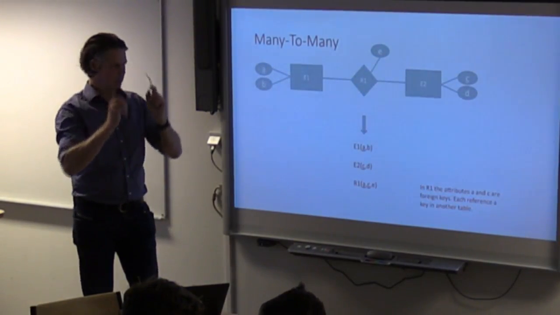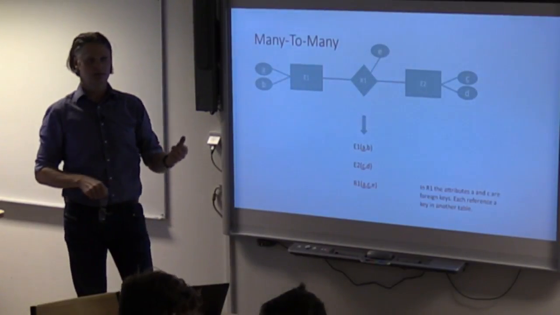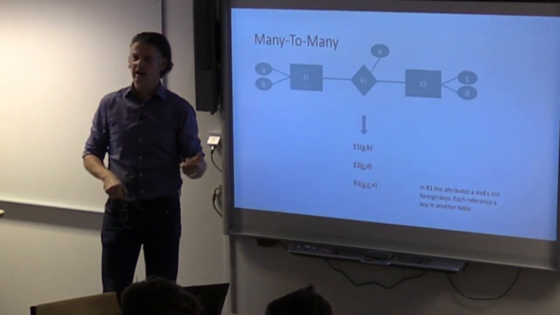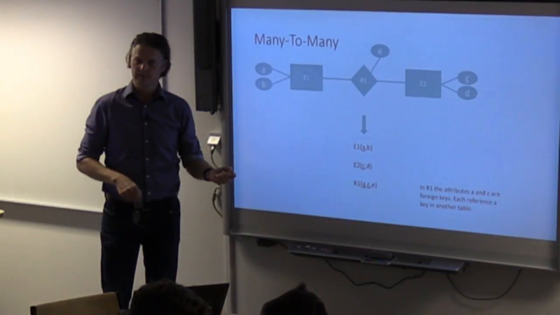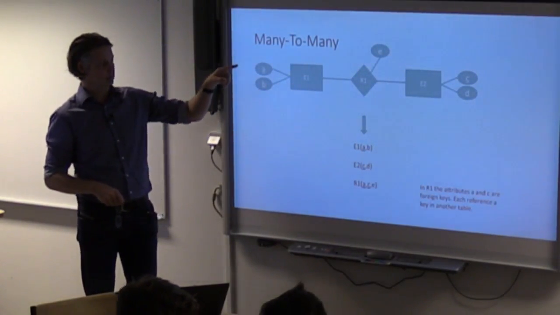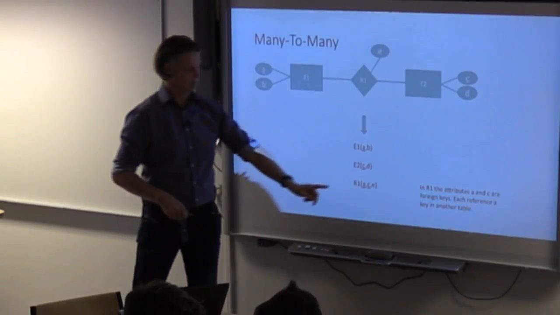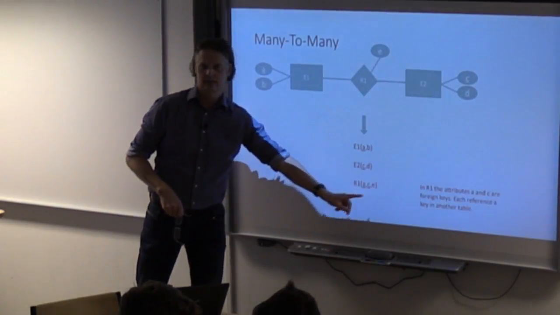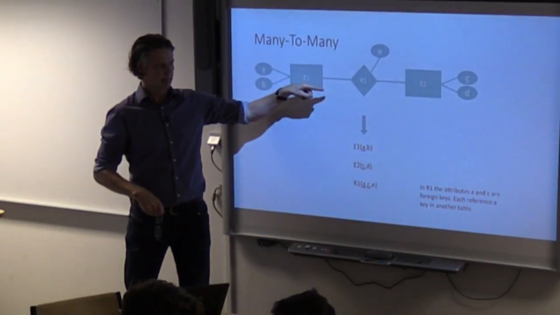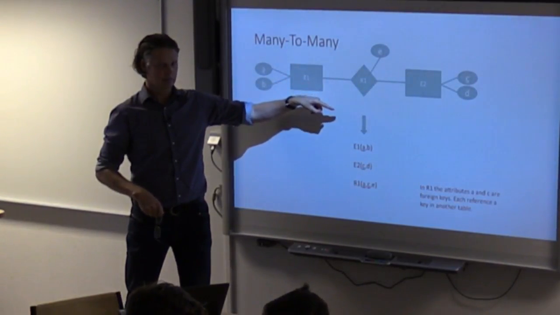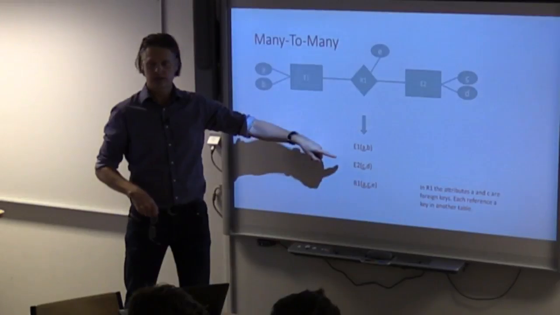So the key for R1 consists of the attributes A and C. And it also had that attribute E. Well, it's just an attribute, just a column, so let's add it. So going from that model and turning it into tables takes you here.